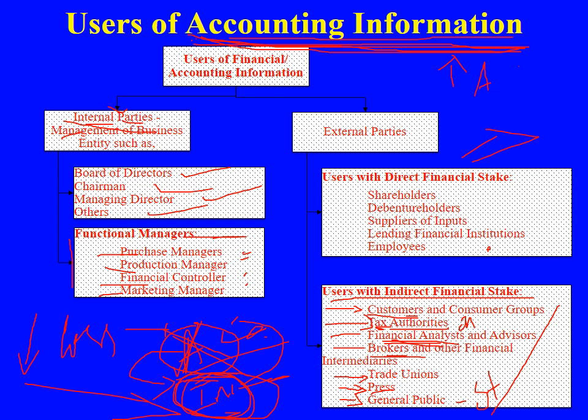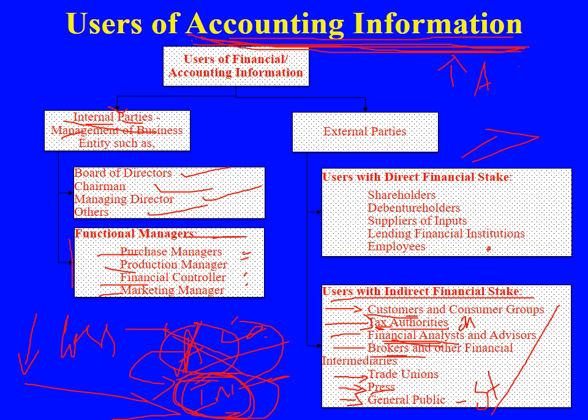If they supply you on a credit basis, obviously they look into your accounting information to know whether you are capable of repaying the credit amount. Otherwise they won't give you goods on credit. If the company is not performing, then they won't go for supplying the goods on credit.